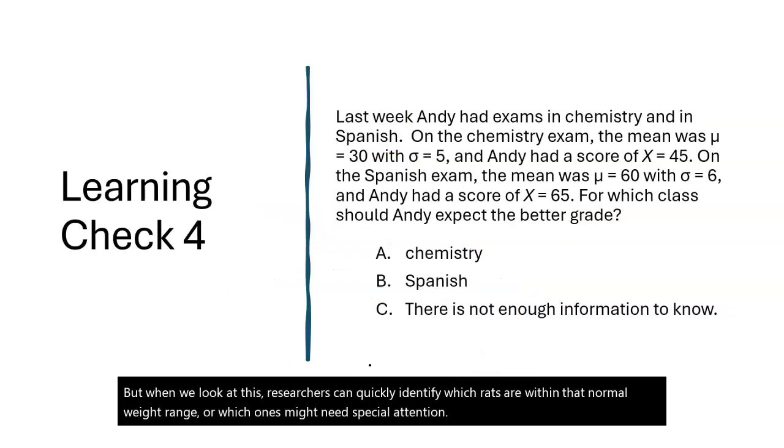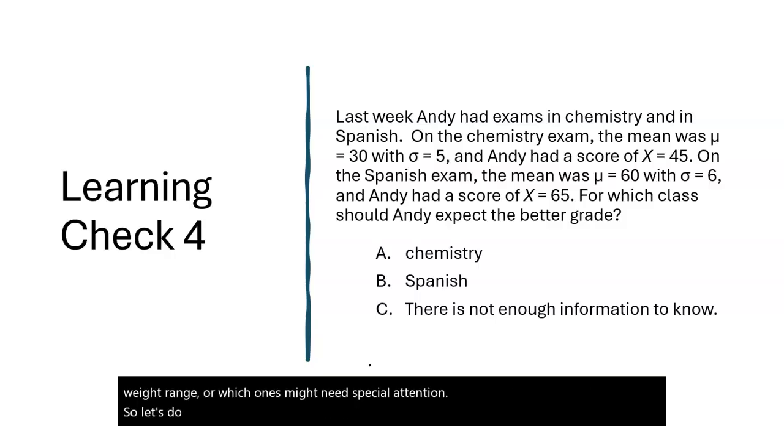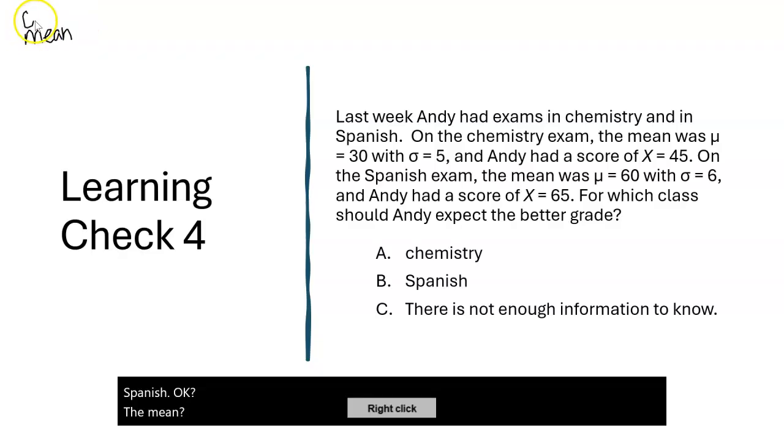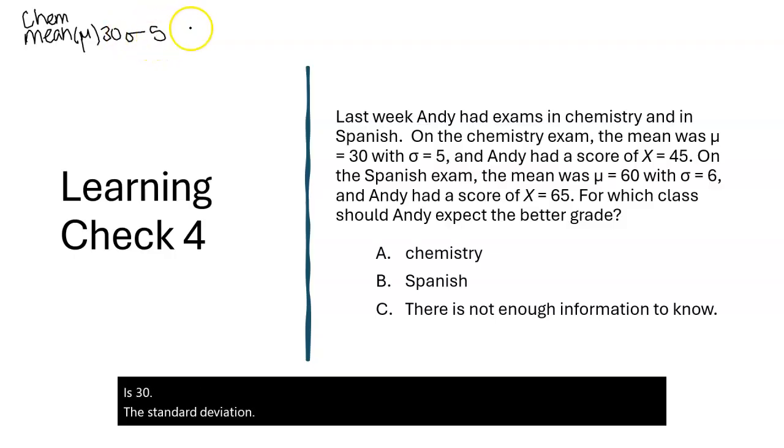So let's do another learning check together. Andy took 2 exams, one in chemistry, one in Spanish. Okay? For chemistry, the mean is 30. The standard deviation is 5.